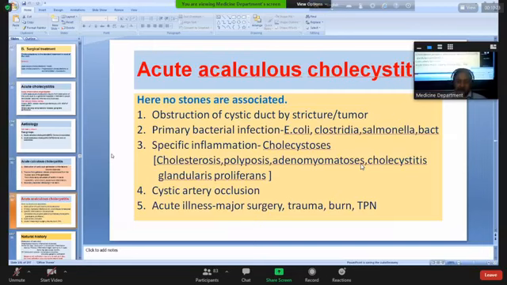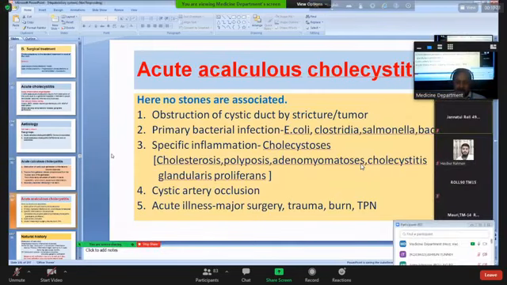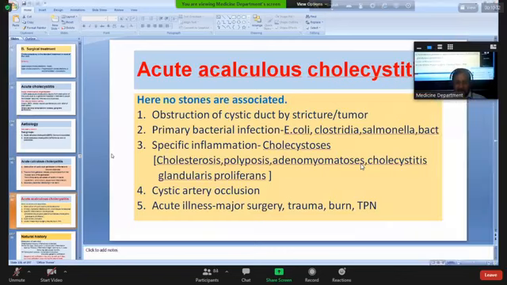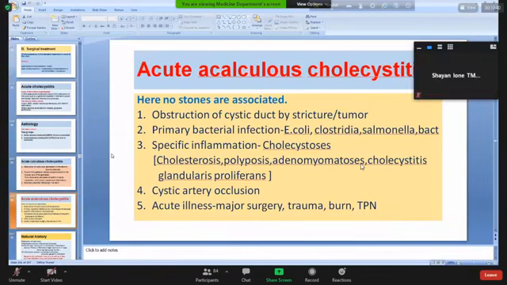So this is a special category of morphological changes that might be responsible for either acute or chronic inflammation. Next one, cystic artery occlusion.